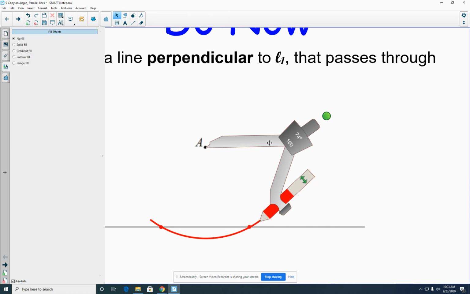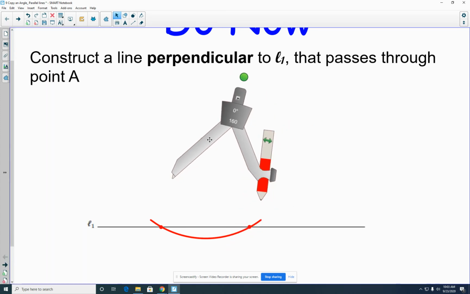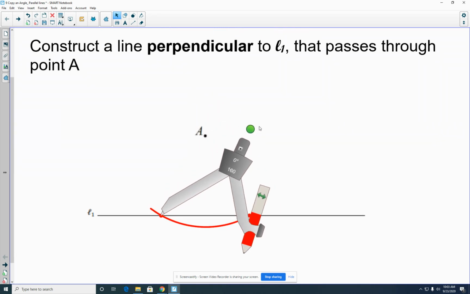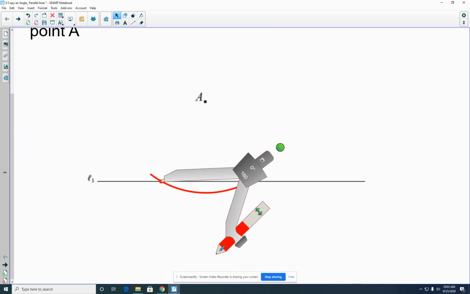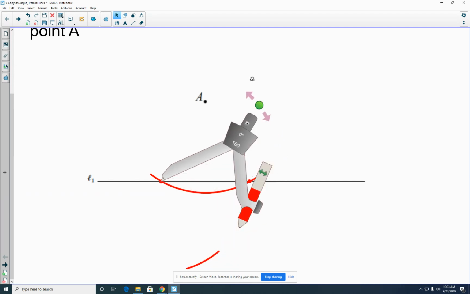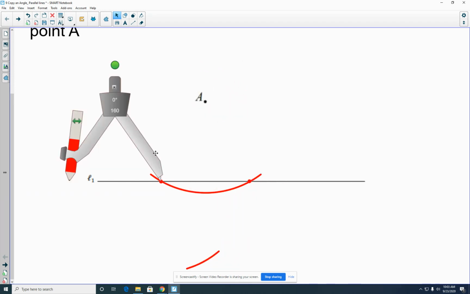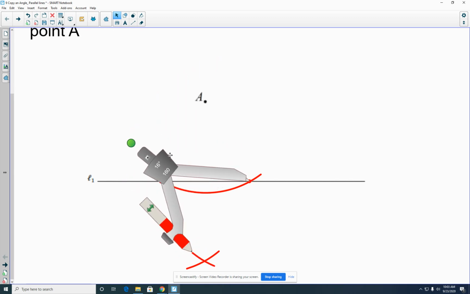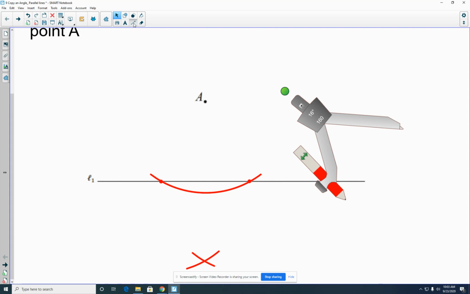We take our compass and adjust it so that it is on one endpoint and more than halfway, and then only need to create arcs under the line, since point A is the external point, on the opposite side of the line. Then we connect. Excellent. And now we've constructed perpendicular lines.